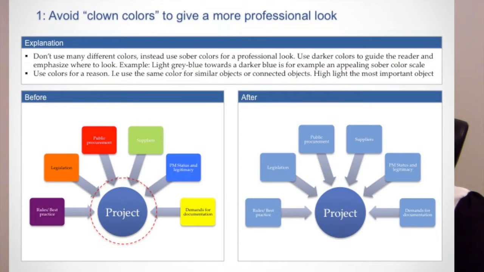So you need to make your audience excited about your product or service or whatever it is. But a few tips of things that you should avoid is this: clown colors, that I call them. I mean, don't use lots and lots of colors, it looks unprofessional. Use shades of the same color. Use some kind of theme in your presentation.